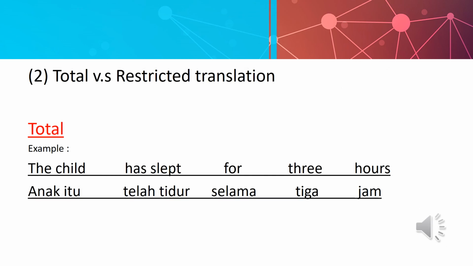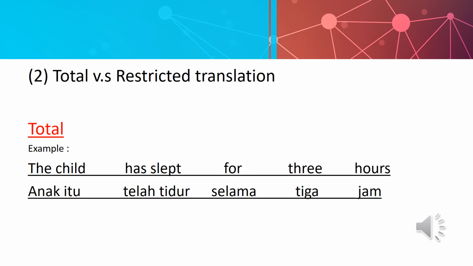The second type is total versus restricted translation. The distinction between total and restricted translation relates to the levels of language involved in translation. In total translation, source language grammar and lexis are replaced by equivalent target language grammar and lexis.